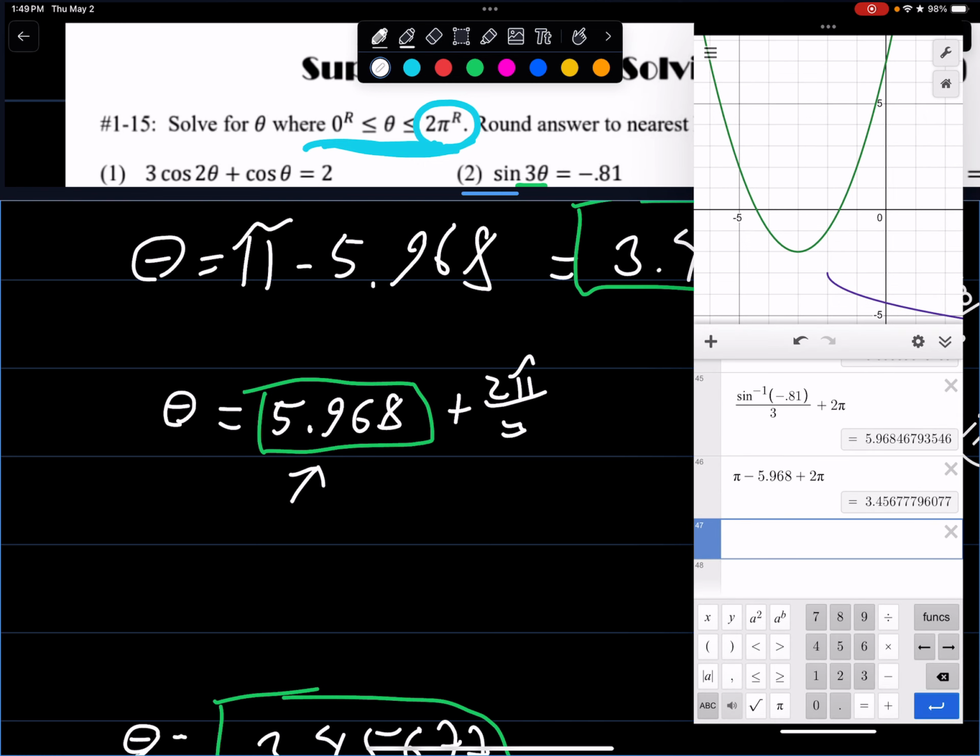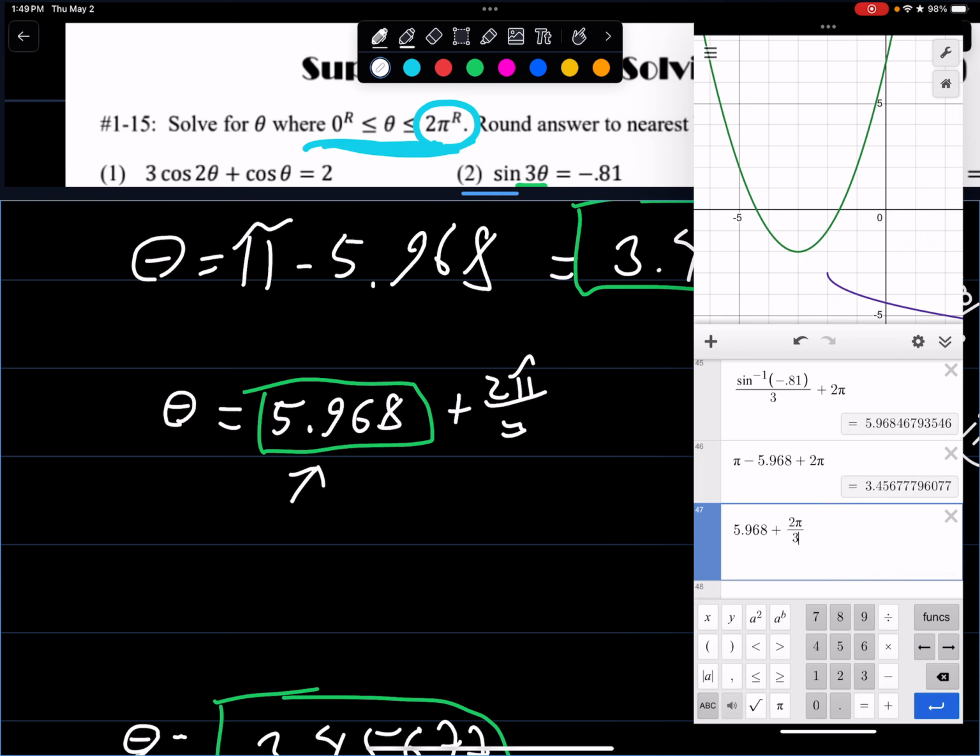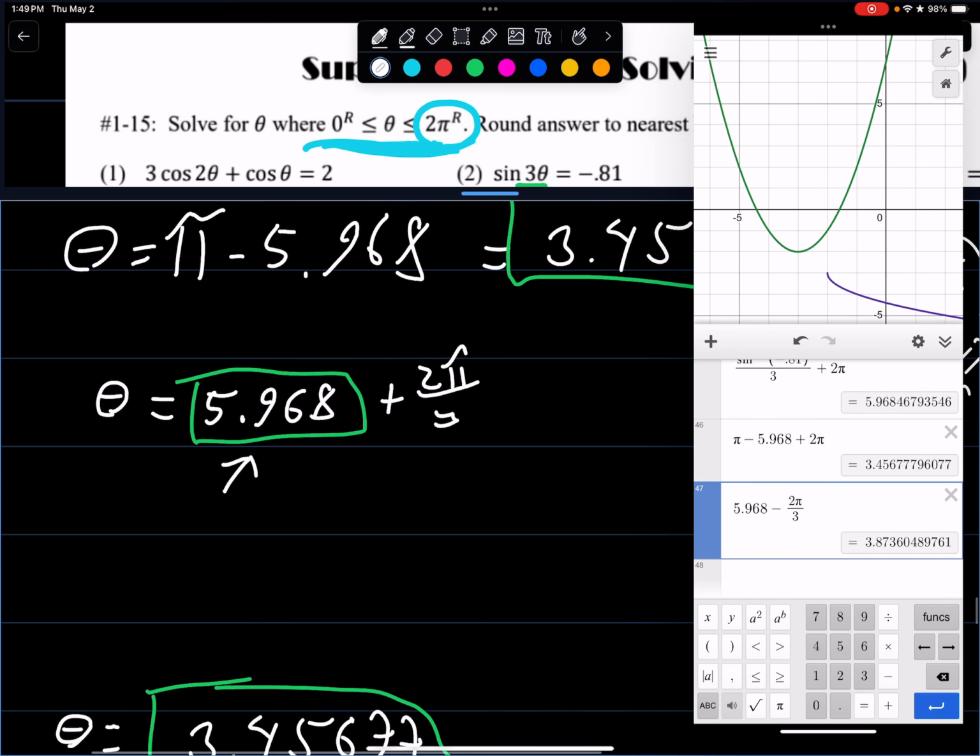If we do 5.968 plus 2 pi over 3, we would get greater than 6. So this solution, 8.06, is outside of our range, so we wouldn't want to do that. So we actually want to subtract 2 pi over 3 for our first one. And that will be our first other solution.